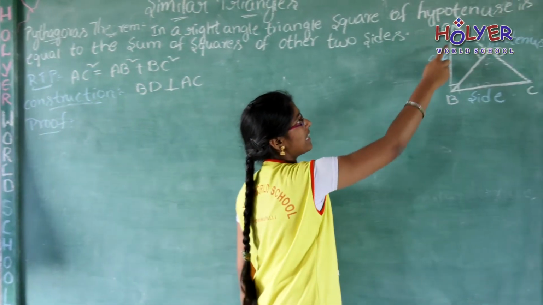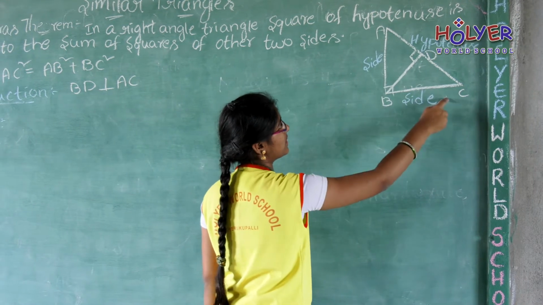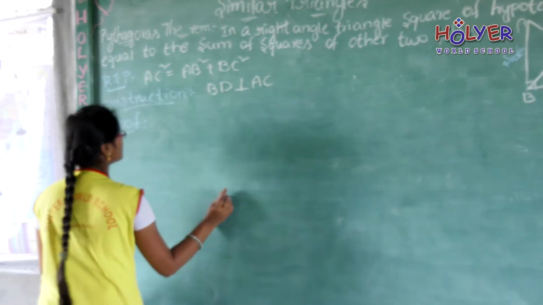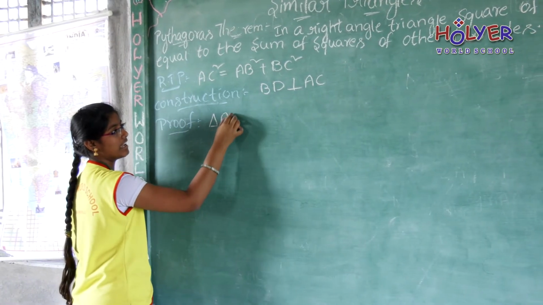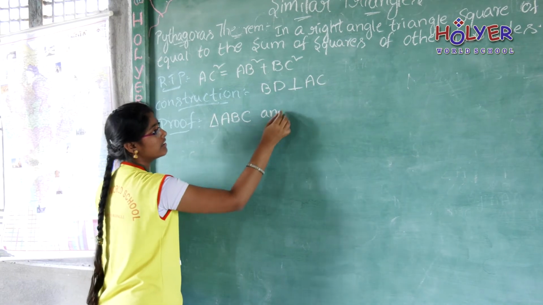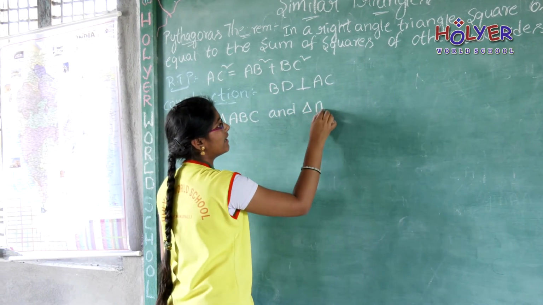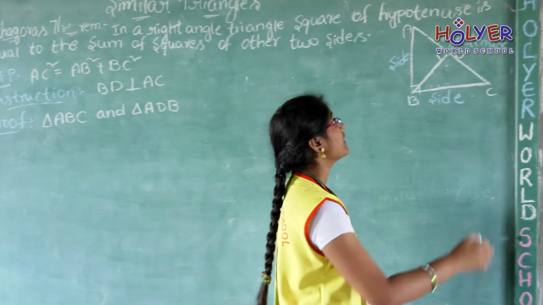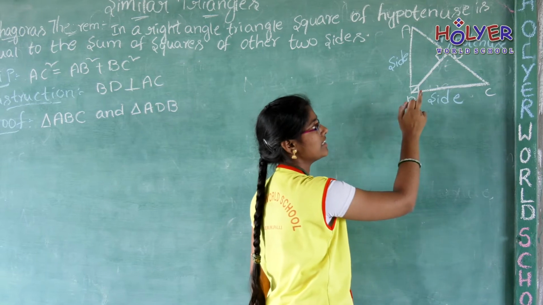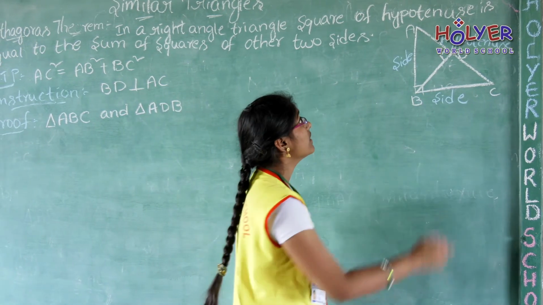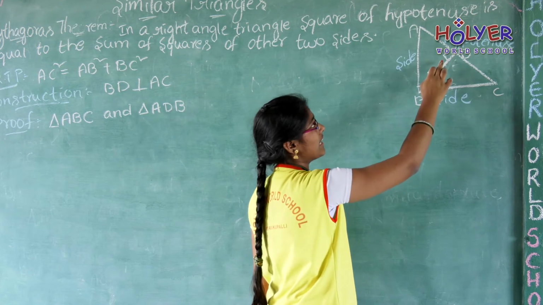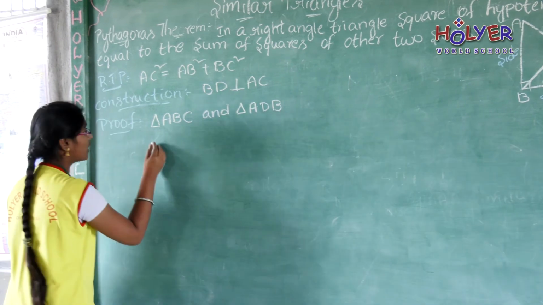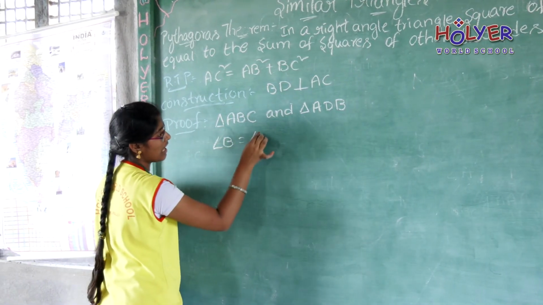Let us consider triangle ABC and triangle ADB. In triangle ABC, right angle is at B, and in triangle ADB, right angle is at D. So angle B is equal to angle D.